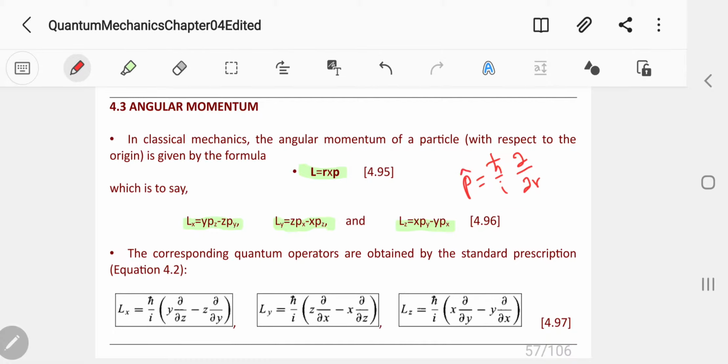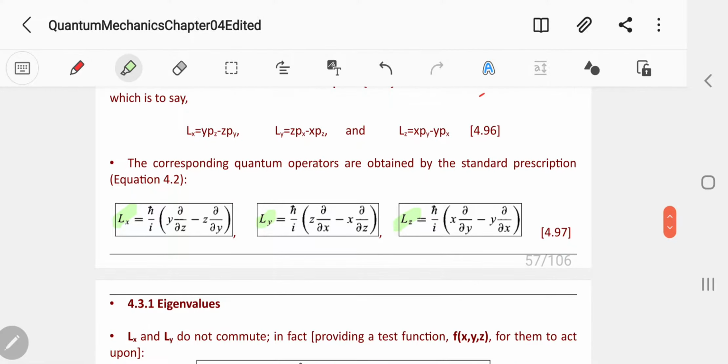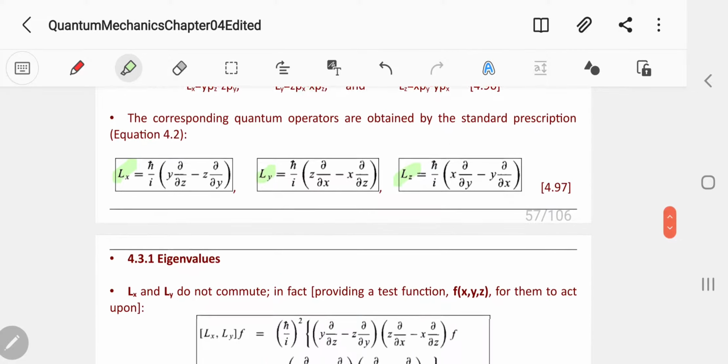So we can change the momentum p here into the canonical equivalent of momentum in quantum mechanics. So in quantum mechanics, we have the angular momentum defined as this, and its components are Lx, Ly, and Lz.